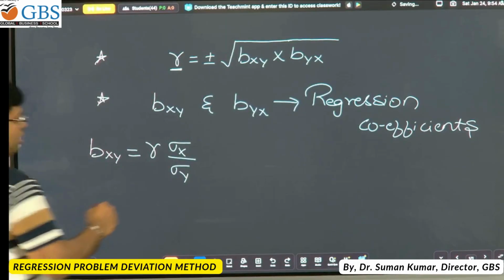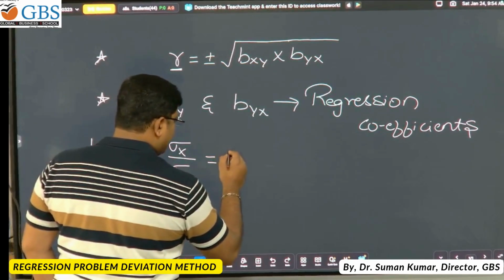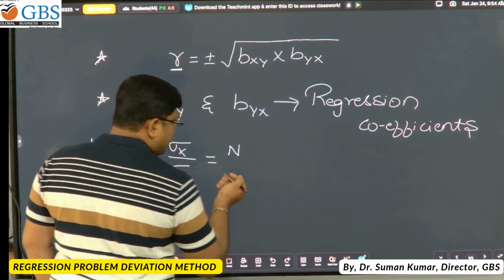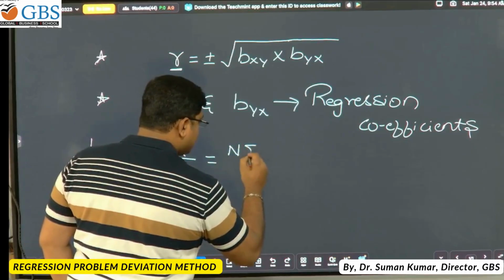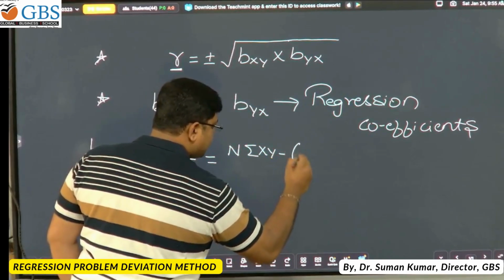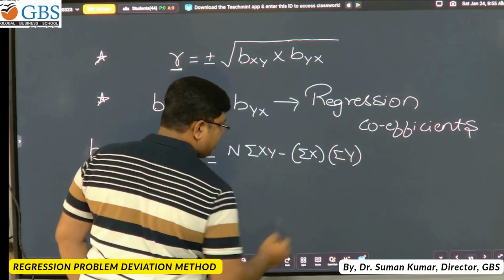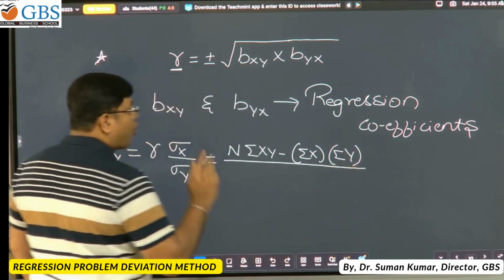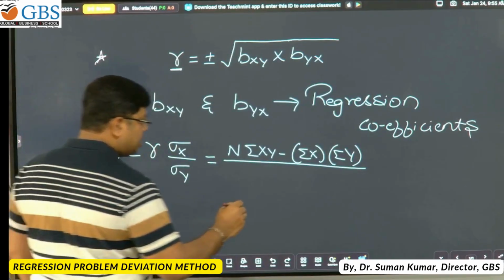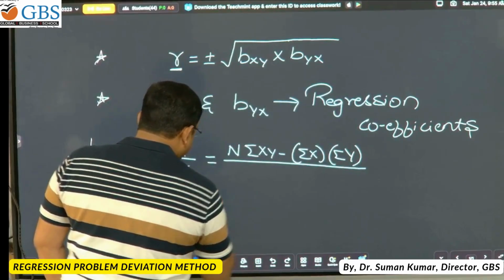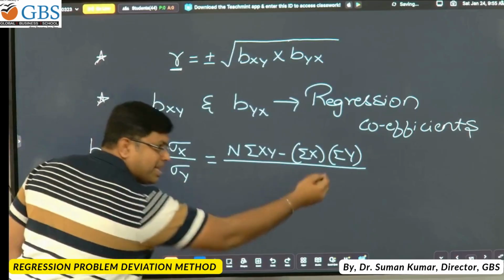One more formula: N into summation xy minus summation x into summation y, divided by, there is no square root for this. This is x on y, so the y part should be there.